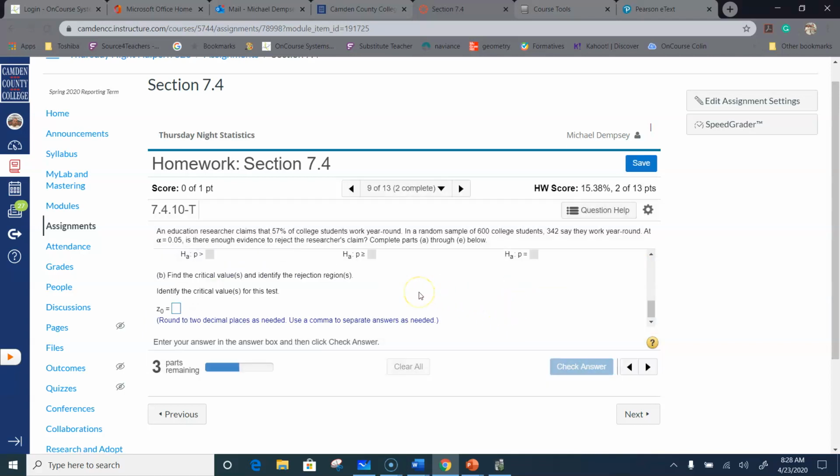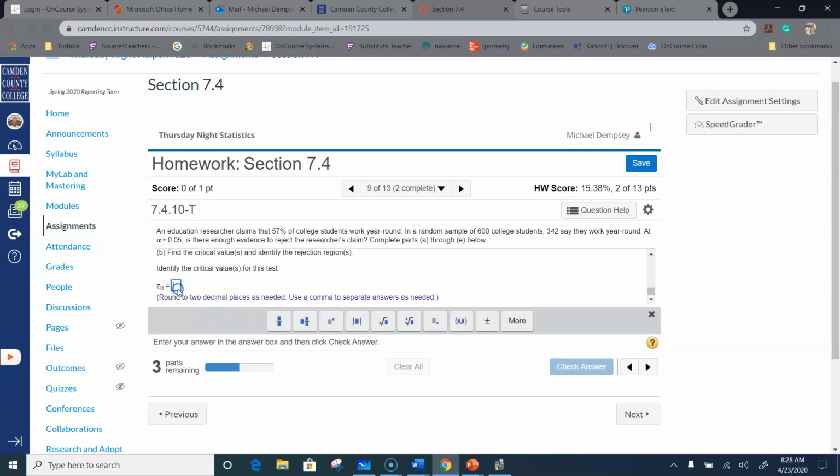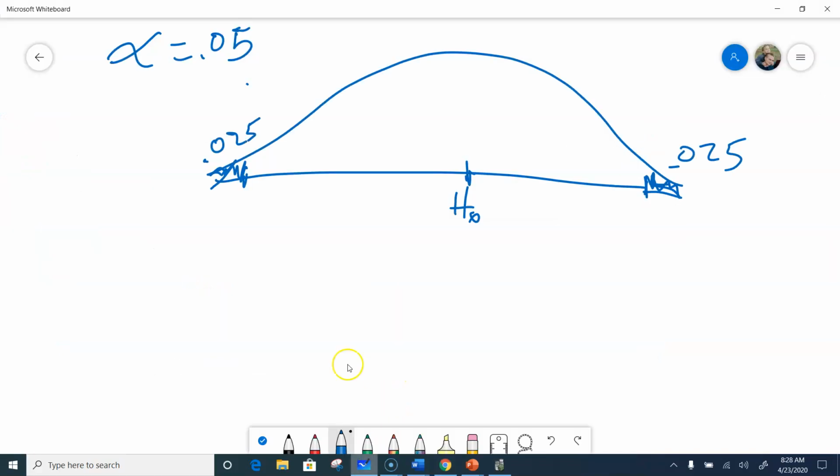Find the critical value. This is what I meant by it can be a little bit tricky. It says use a comma to separate answers as needed. I'm glad I stumbled upon this one because we're going to have two critical values. We've got one down here and one up here, and it's going to be the same number.